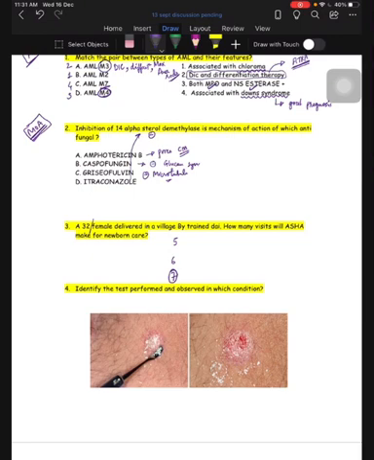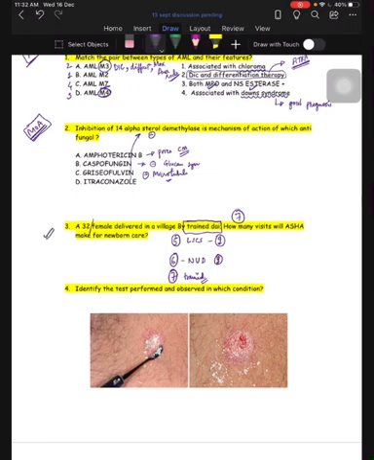If the delivery is done in an institution by normal vaginal delivery, the ASHA makes 6 visits. So if the patient is delivered by a trained dai at home, ASHA will make 7 visits. Please have a look at all the details of newborn care.